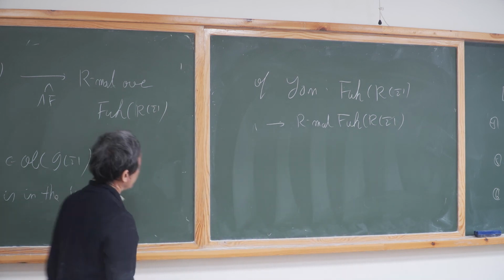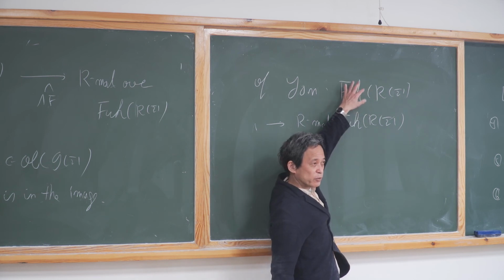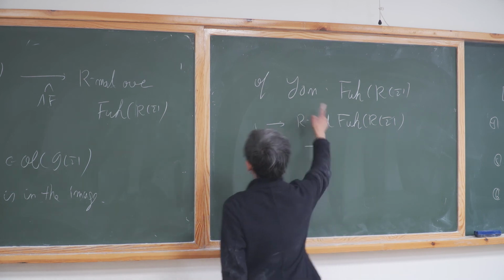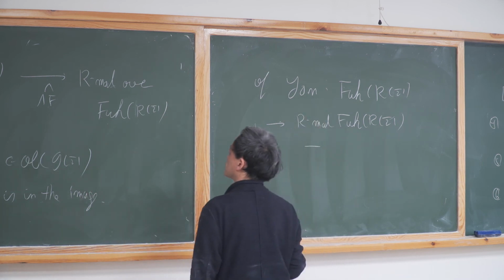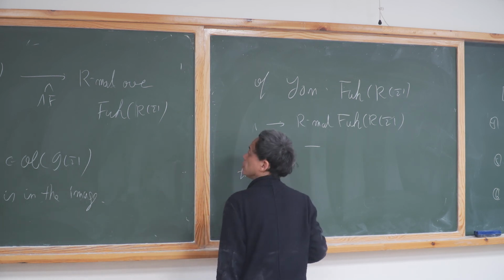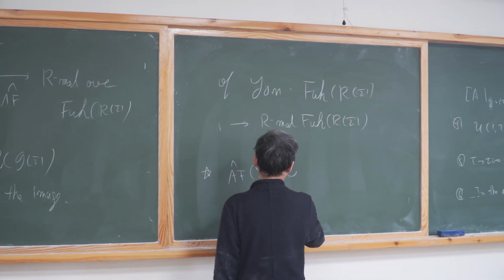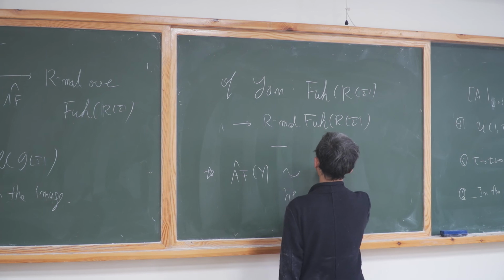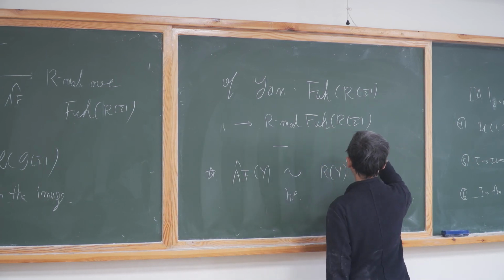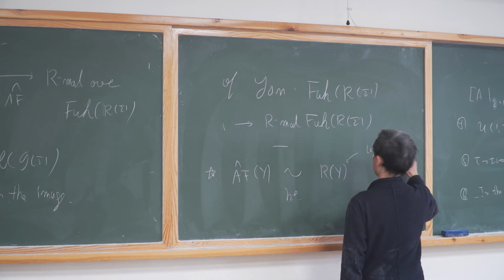but then there is a very natural candidate of this object which goes to this right module. So the thing I want to prove is the following. You take Y, and then this is homotopy equivalent to R of Y itself, which is a Lagrangian submanifold of R of sigma.